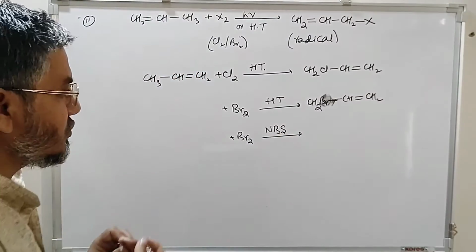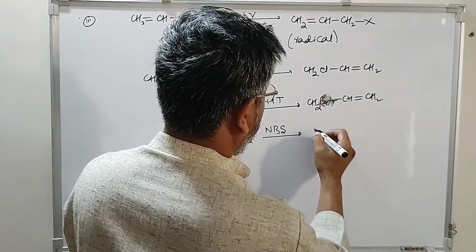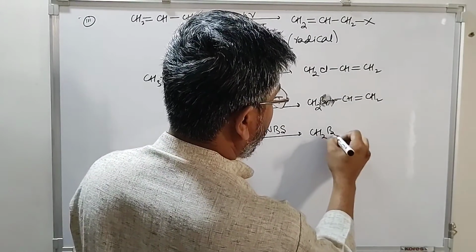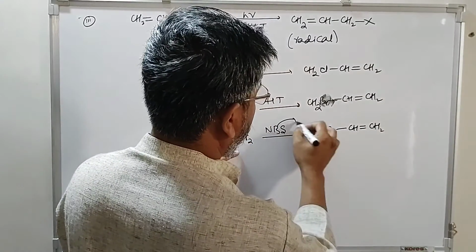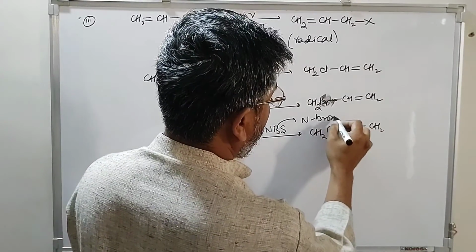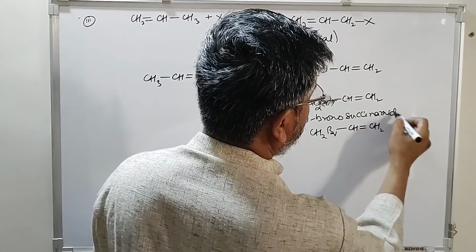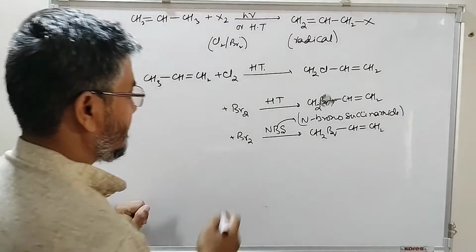This is a specific reagent used for allylic bromination. NBS gives CH2Br-CH=CH2. N-bromosuccinimide, specific reagent for allylic bromination.